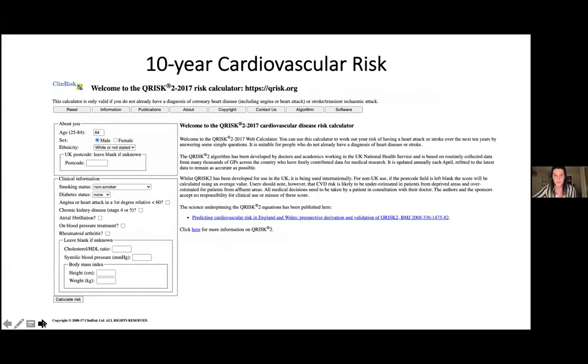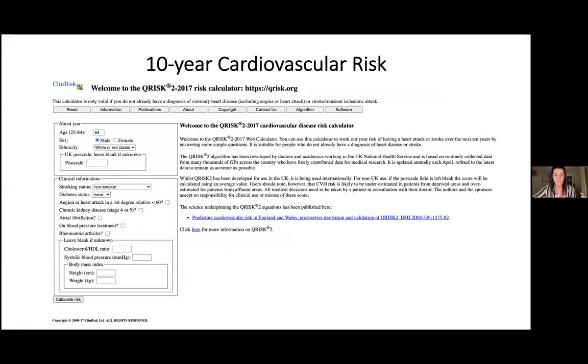So this 10-year cardiovascular risk, what exactly is it measuring? It measures your risk of a cardiovascular event, so a heart attack, a myocardial infarction, or a stroke. It's only valid for patients who have not already had a cardiovascular event, because people who have already had a heart attack are already at greater risk of having another one.